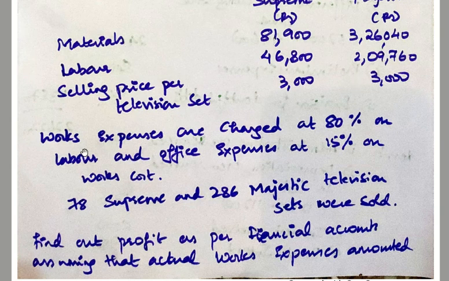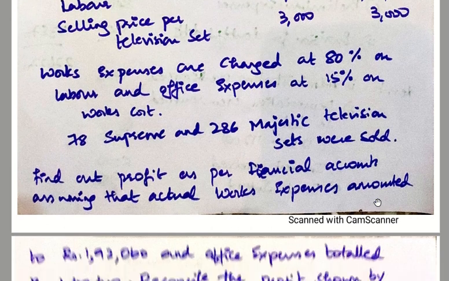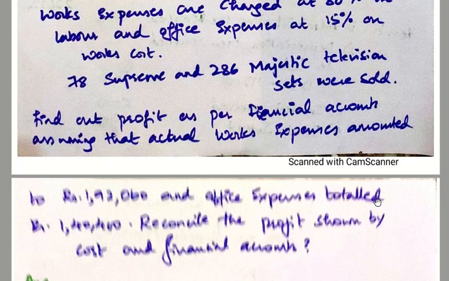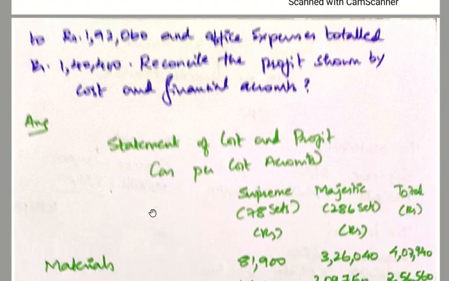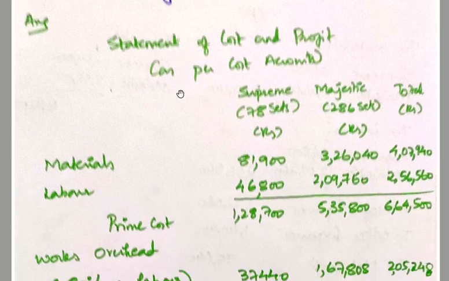Works expenses are charged at 80% on labor, and office expenses are charged at 15% on works cost. 78 Supreme and 286 Majestic television sets were sold. Find out profit as per financial account, assuming that the actual works expenses amounted to rupees 1,92,060 and office expenses totaled rupees 1,40,400. Reconcile the profit shown by cost and financial accounts.